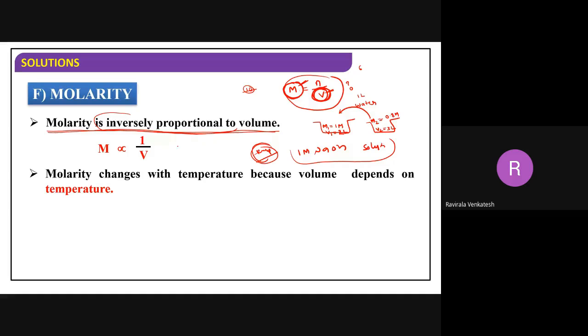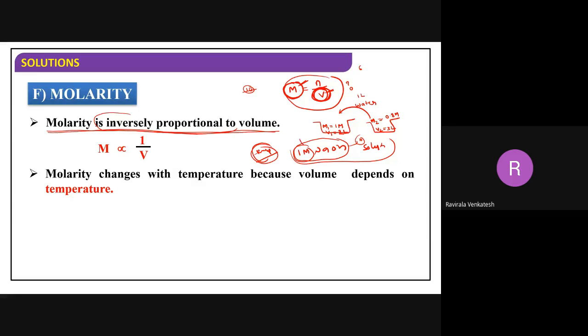Now, you make a 1 molar NaOH solution and keep it in the laboratory. After 10 days, the molarity will definitely change. Because of heat, even if you close it, because of the temperature difference, some will be evaporated. So based on the temperature, the volume decreases.